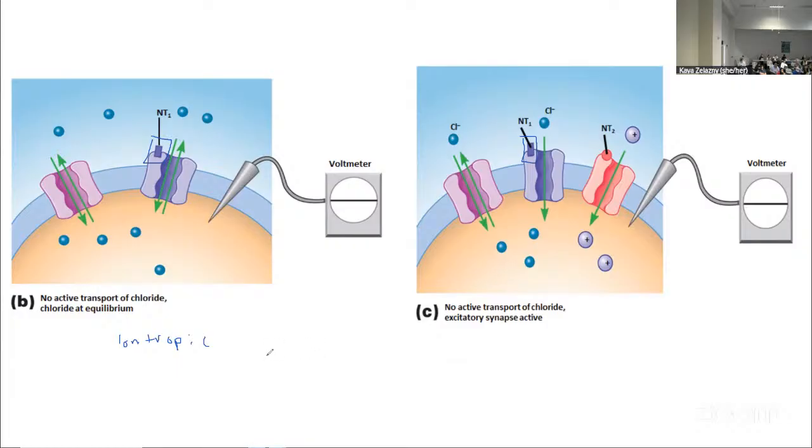I don't think I have an image popping up, so I'm just going to draw one. Right, so here's our cell membrane. Similarly, we'd have a receptor that could receive a neurotransmitter.